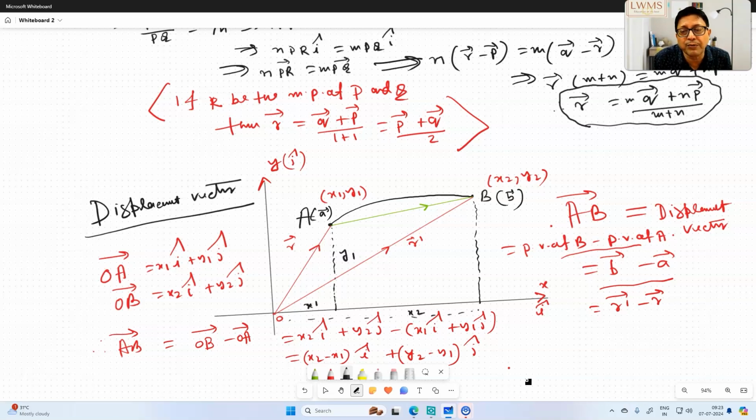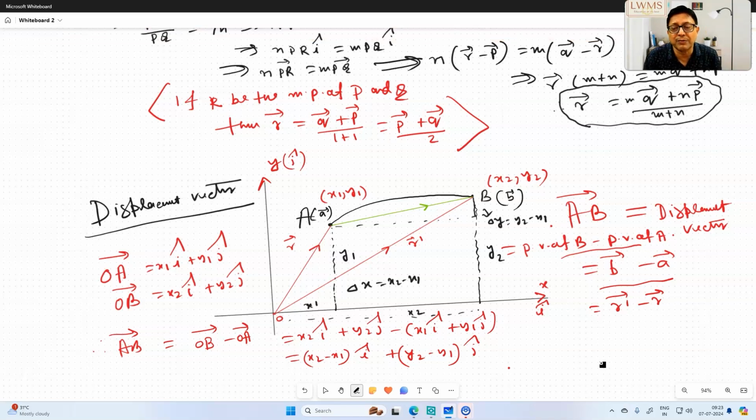Similarly, this is y1 and this is y2. So delta x stands for what? Delta x stands for change in x, x2 minus x1, and delta y. This is your delta y. Delta y stands for what? y2 minus y1. So you can write AB vector equal to del x i cap plus del y j cap.